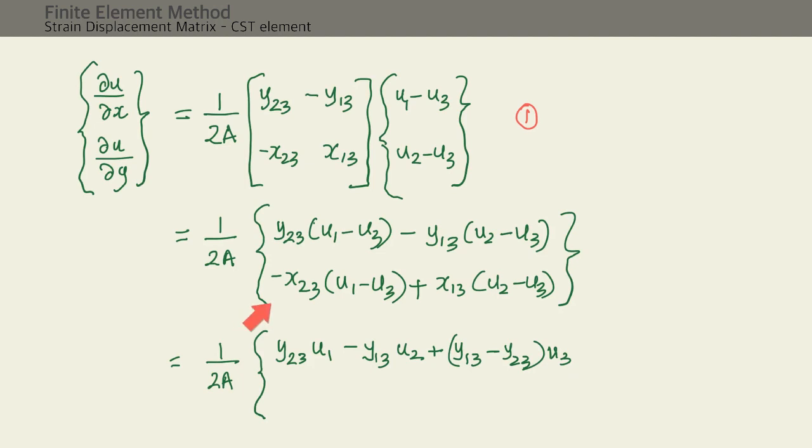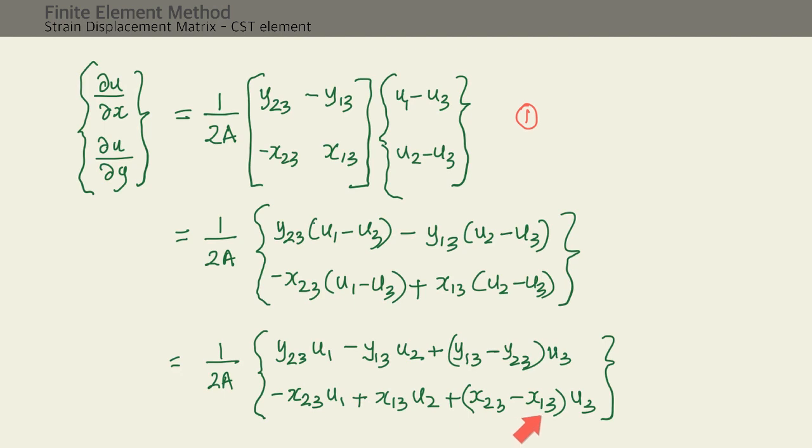The same way I can expand the second row also, and we get minus x23 into u1 plus x13 into u2 plus (x23 minus x13) into u3. Also notice that I have used square brackets to represent this 2 by 2 matrix, and for a column vector I have used curly brackets. Here this is also a column vector with 2 elements, so that is why I am using a curly bracket here.